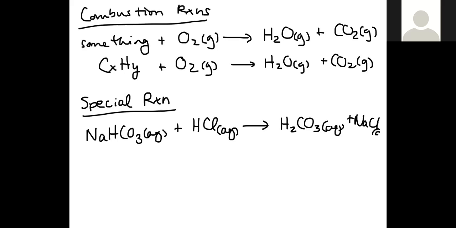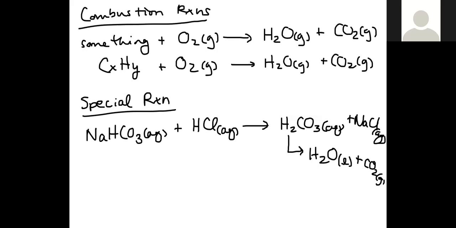So what type of reaction does this look like? Something we learned last time. It looks like double displacement, and it is double displacement, but something else happens. H2CO3 is not stable. It decomposes into H2O liquid plus CO2 gas.